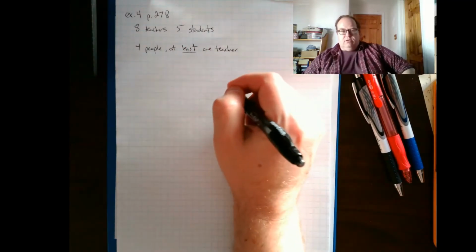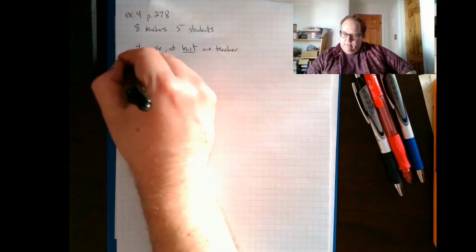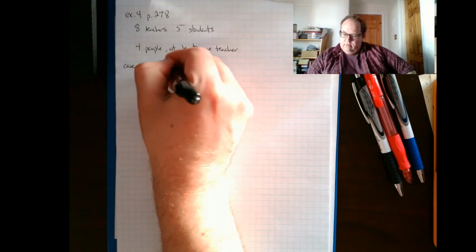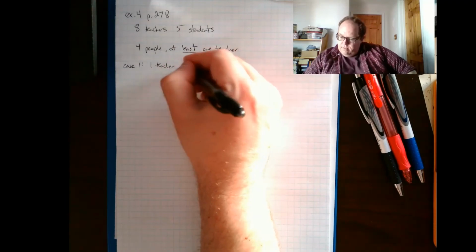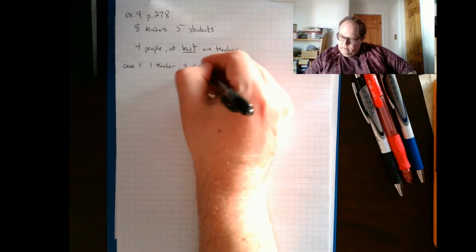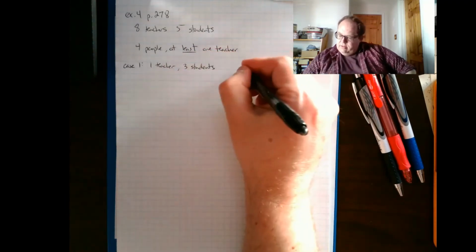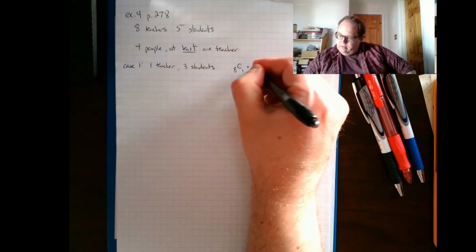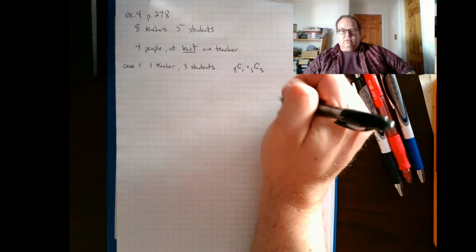4 people, at least 1 teacher. And this you've got to sort of break up into cases. Case 1 will be 1 teacher, 3 students. And that's going to be 8 choose 1 times 5 choose 3.